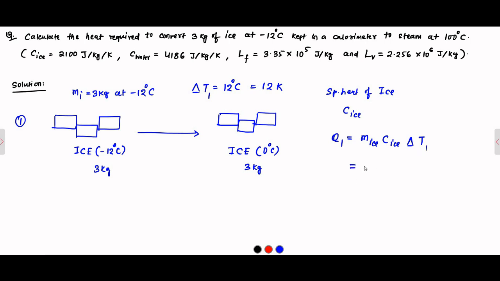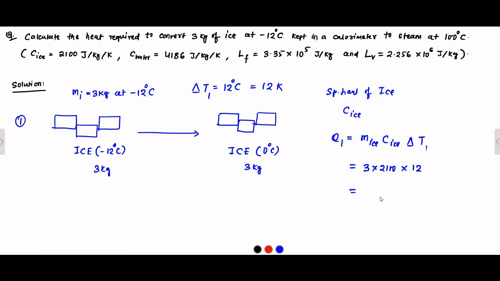So here it is equal to, mass of ice is 3, specific heat of ice is 2100 joule per kg per Kelvin, but here change in Celsius is the same as change in Kelvin. So here we'll use 12 Kelvin because a change of 12 degrees Celsius is the same as a change of 12 Kelvin.